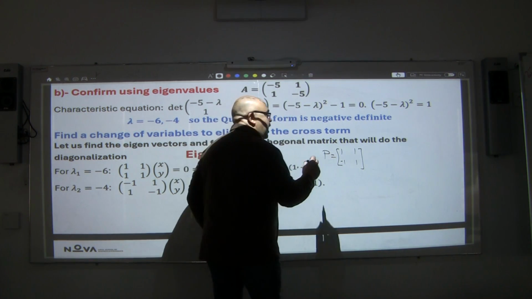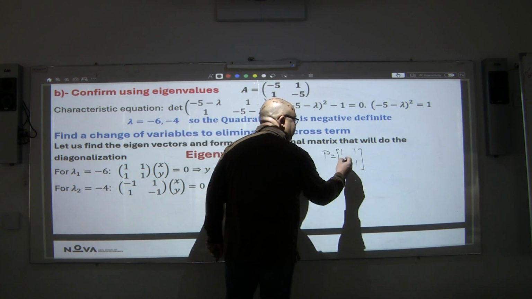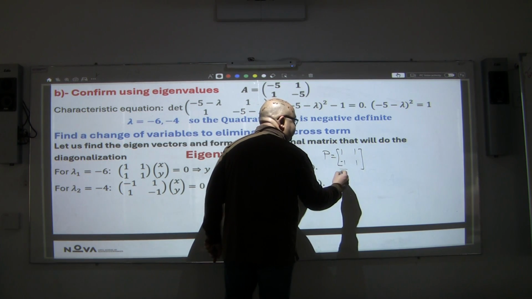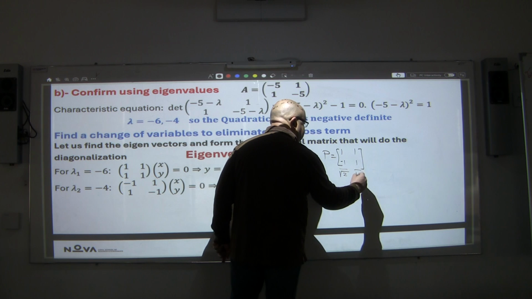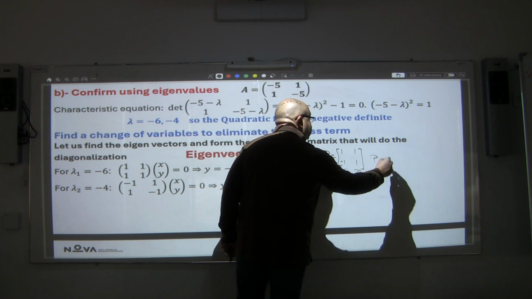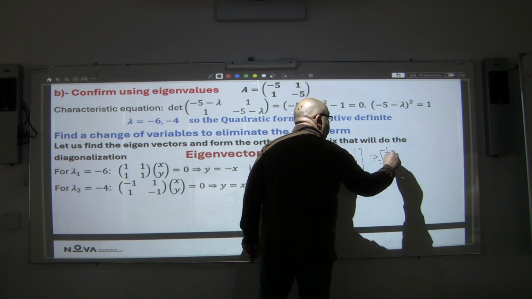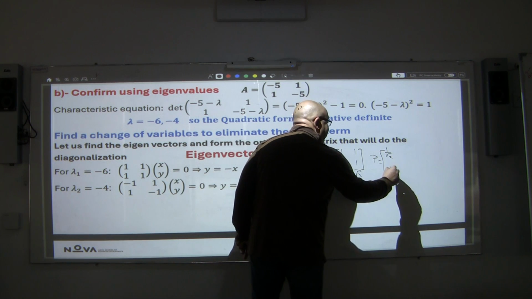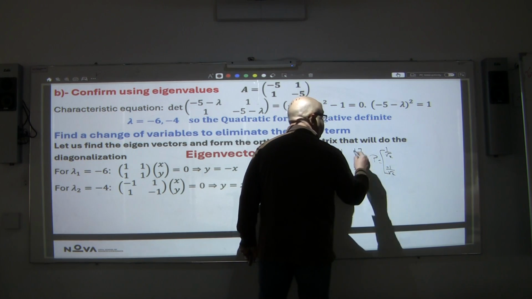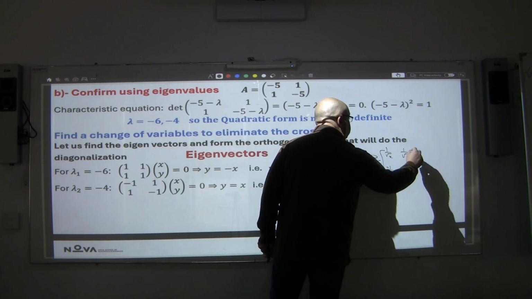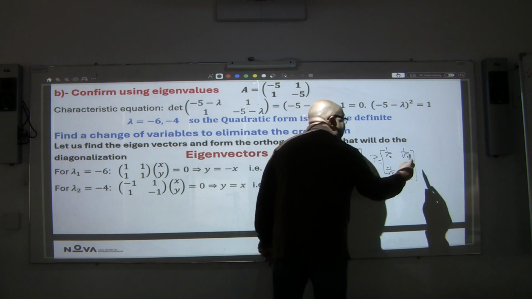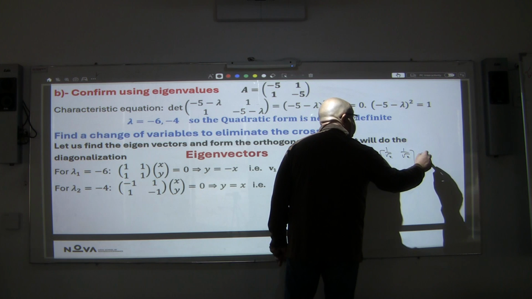But I will normalize it, so I will divide by the square root of the sum of the squares of these elements, which is exactly root 2. So the B matrix should be 1 over root 2, -1 over root 2, and then 1 over root 2 and 1 over root 2. For this matrix, the inverse is the transpose.